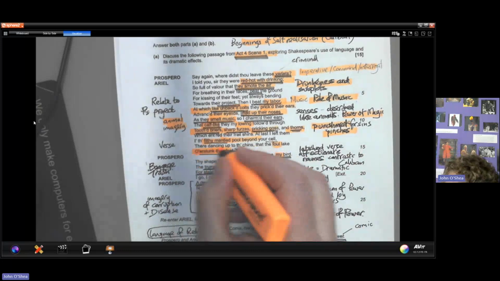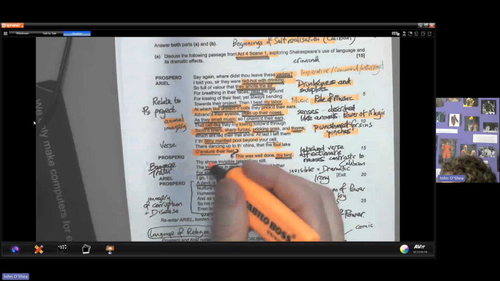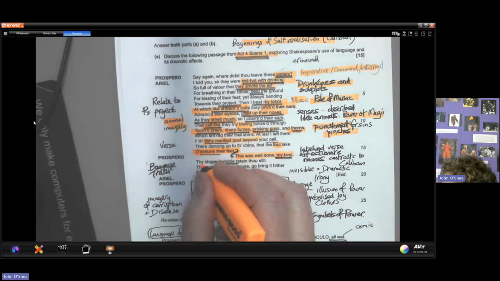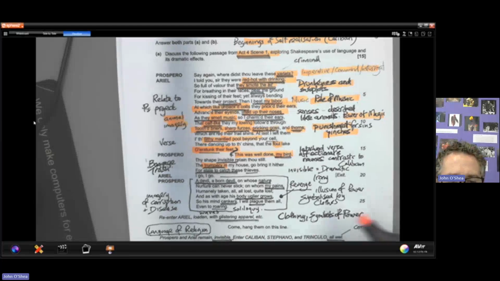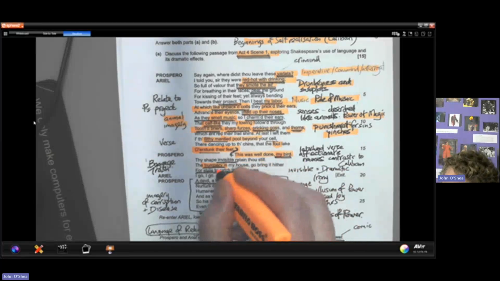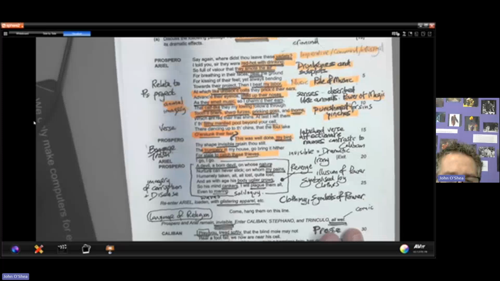You might have talked also about the use of latch verse here, that sense of their intimacy. Retain your shape still and bring the trumpery in my house. Again, the word trump is about useless kind of materials, trumpery. Go hither for stale to catch these thieves. What catches these thieves? But clothing, symbolic of power. And well done to you if you talked about that.